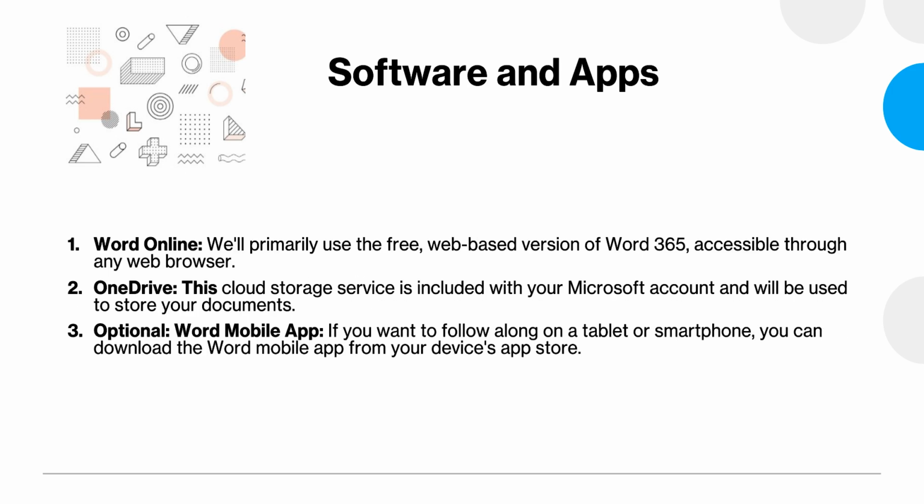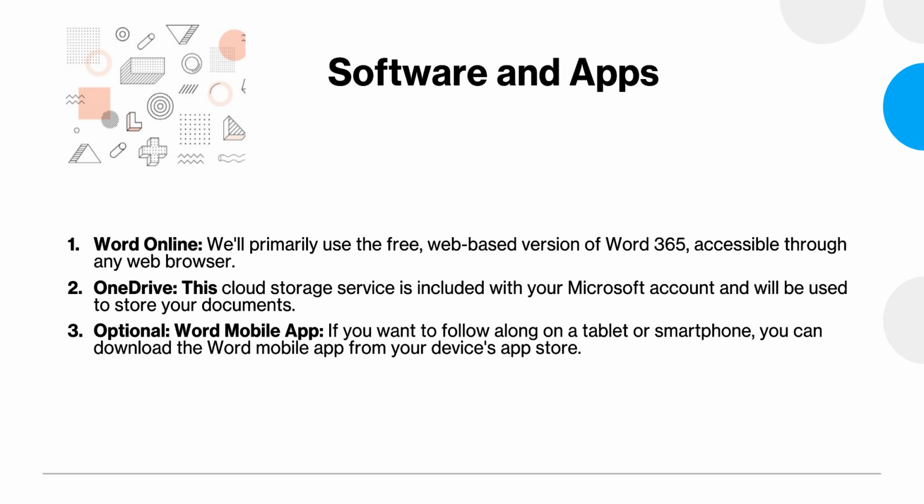For the software and applications that you will need, Word Online. Now, when we create a free account, you will get access to Word Online. Similarly, when you create a Word 365 account, you will get access to OneDrive. Now, this is the cloud storage service that is included in a Microsoft account, and this is Microsoft's own cloud storage.